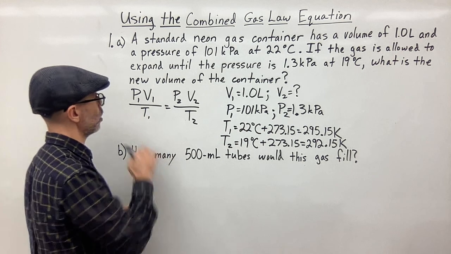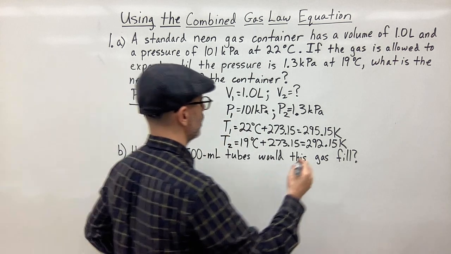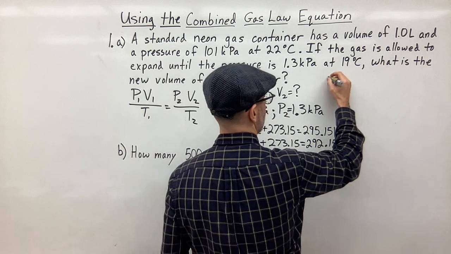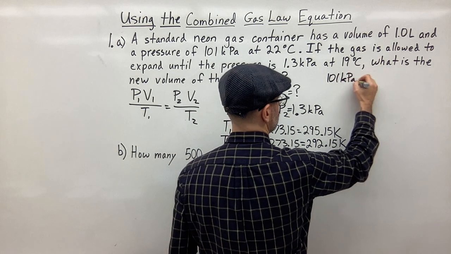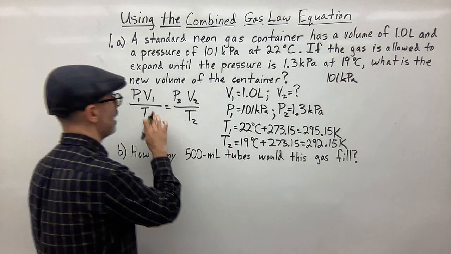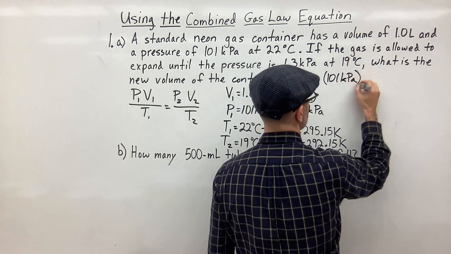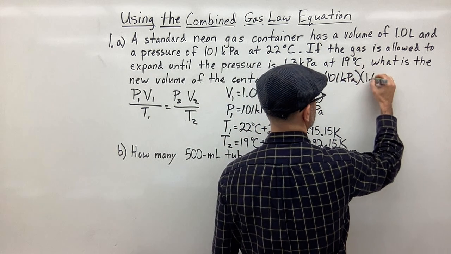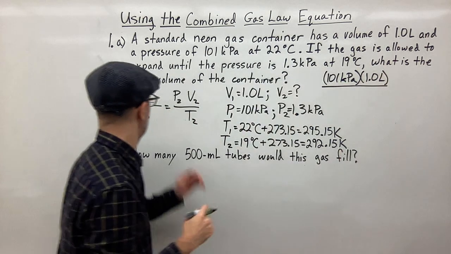So I have P1. My P1 is 101 kilopascal, multiplied by V1, which is 1.0 liters. So times 1.0 liters. And that's going to be over my T1.